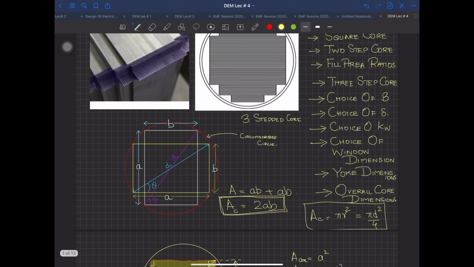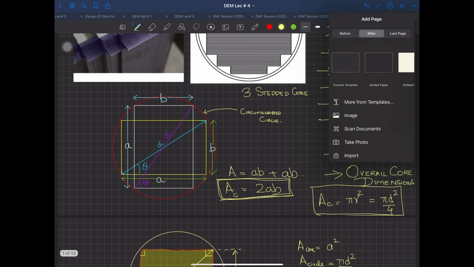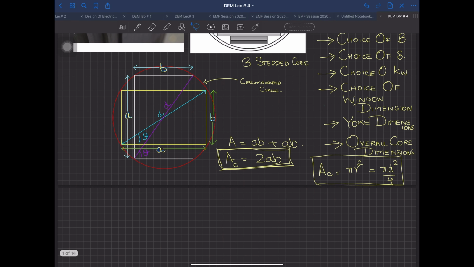So coming to this second one, which was this one, the two-step core over here. Now if you see this two-step core, I told you this area is equal to 2AB. We know that. And the cross-sectional area of the circumscribed circle is pi r square or pi d square by 4. So if I add, let me just add another page over here so we can do this one. And let me just copy this whole. Okay.